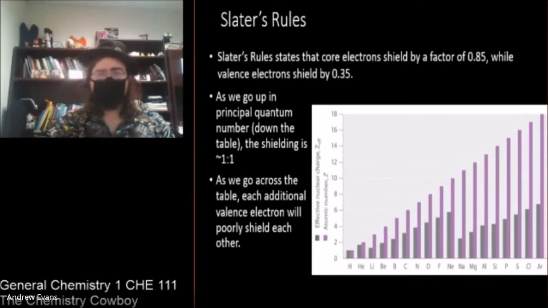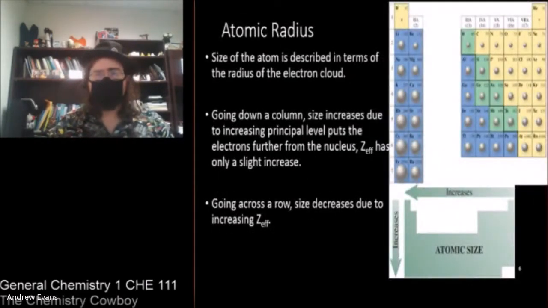Now, how this applies to the atomic radius is that the atomic radius, or the electron cloud, essentially is pulled closer to the nucleus based on how much of the effective nuclear charge the electron cloud feels.